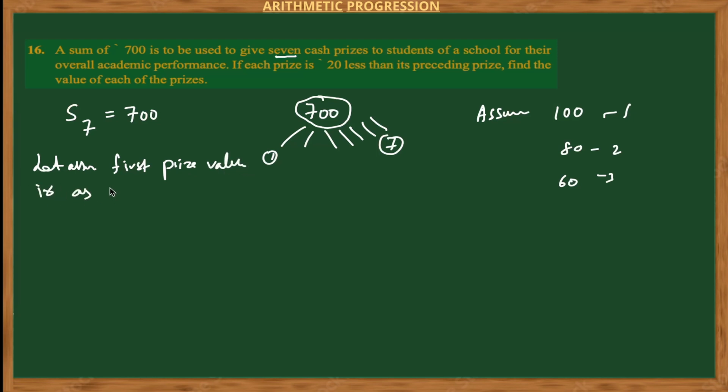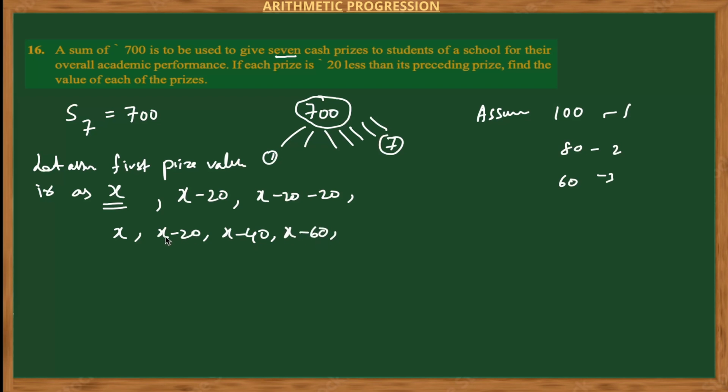The next prize value will be x minus 20, then x minus 20 minus 20 again, which is x minus 40, then x minus 60.